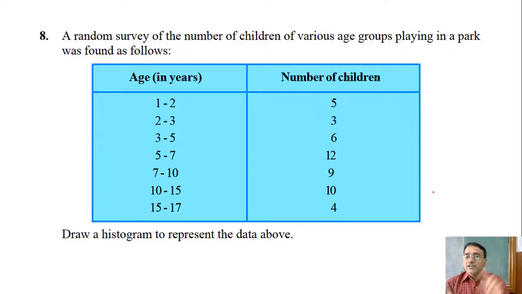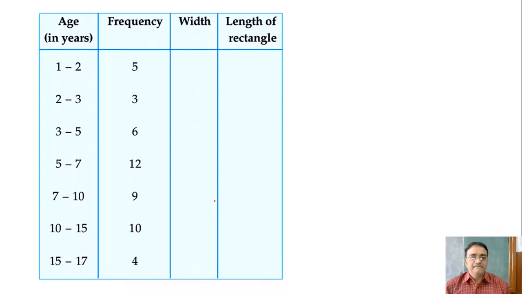Number 2, the class size should be the same. If not, then we have to adjust the frequency. So first you check whether the class intervals are continuous or not. Yes, sir. Continuous? Yes, sir. Now we have to check for class size, that is, the width. Let's say the first width.